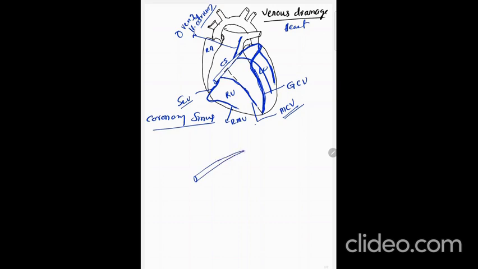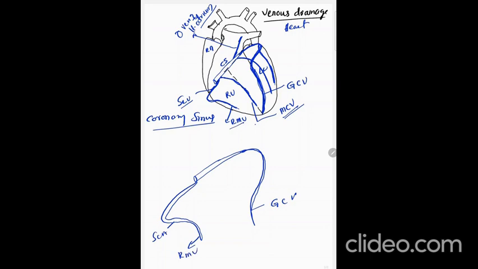From here we have the great cardiac vein, and here we have the small cardiac vein, and this is the right marginal vein.